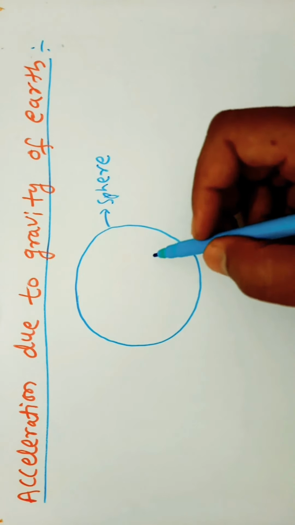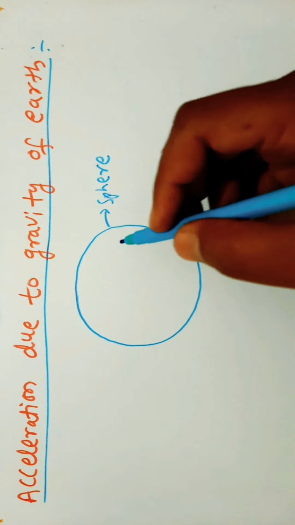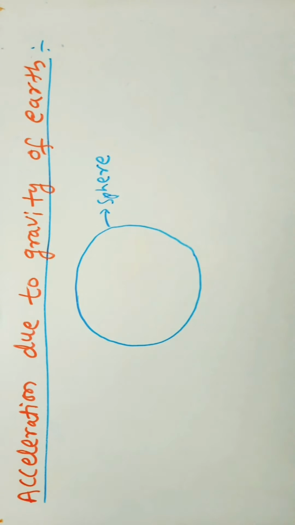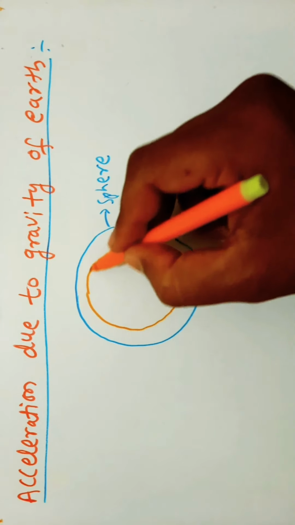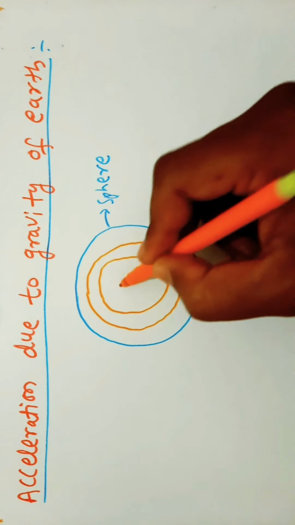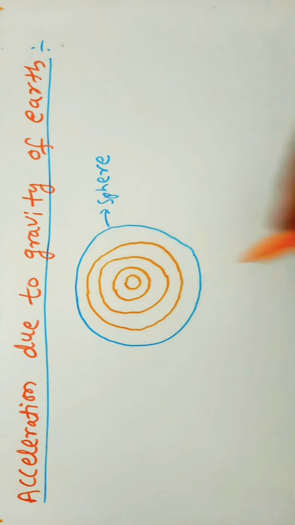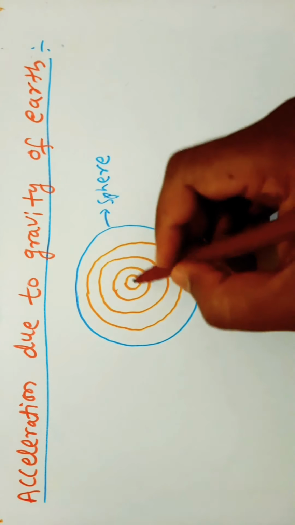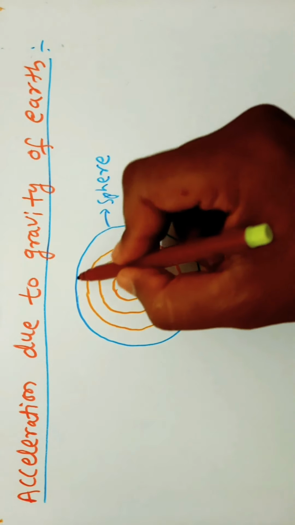So, a sphere is made of a large number of concentric spherical shells. These are all spherical shells. Here the smallest one is at the center and the largest one is at its surface.